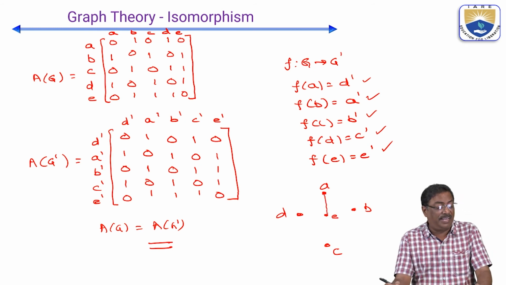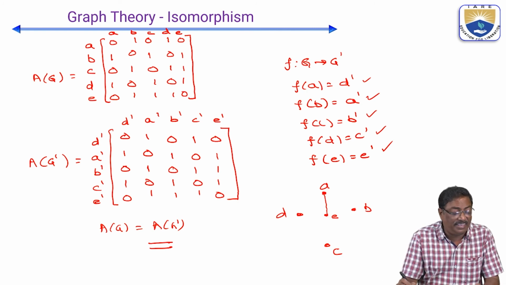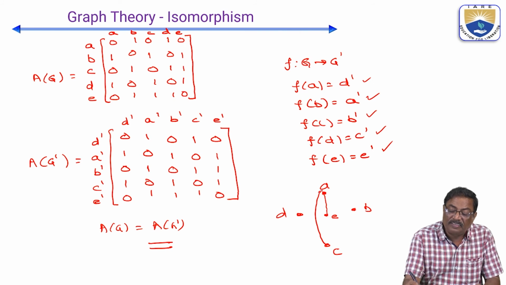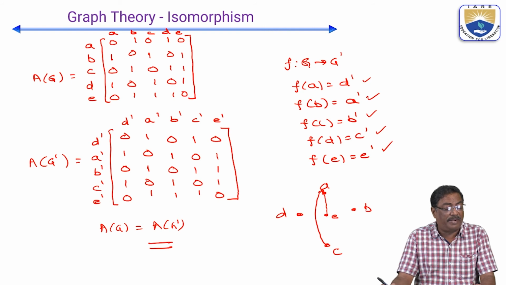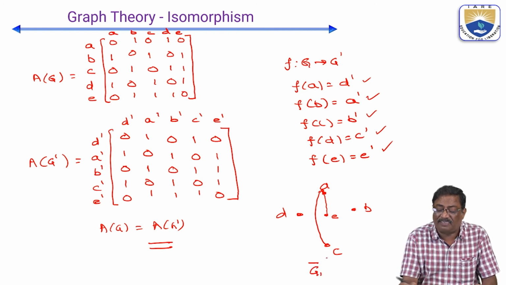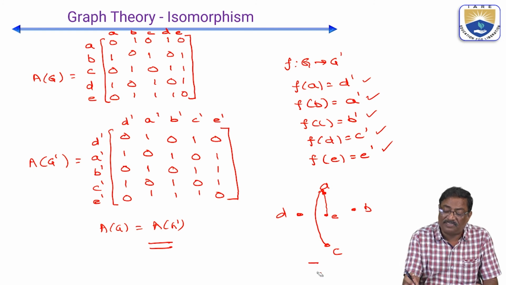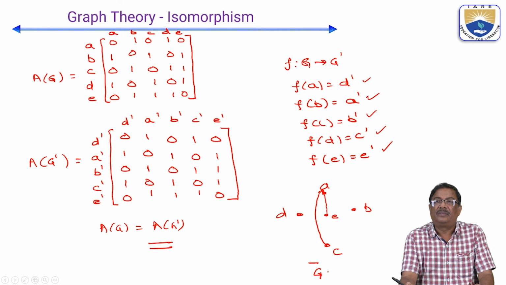We have to consider AE, which does not exist, and AC, which does not exist. So we get the complement of the given G. G complement is this.